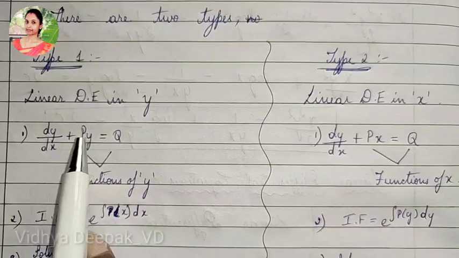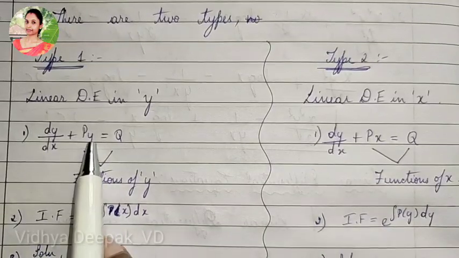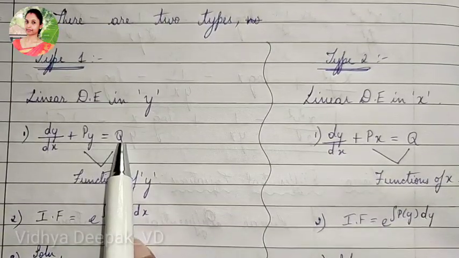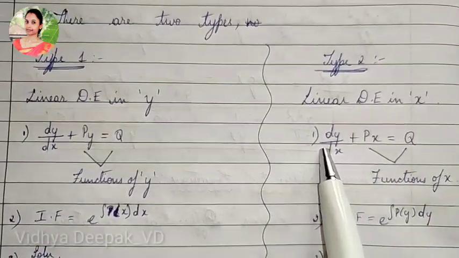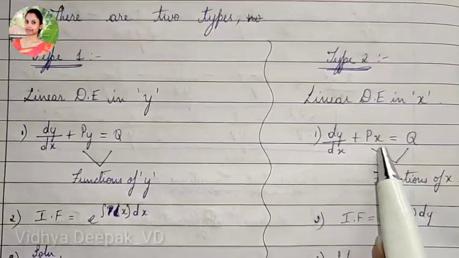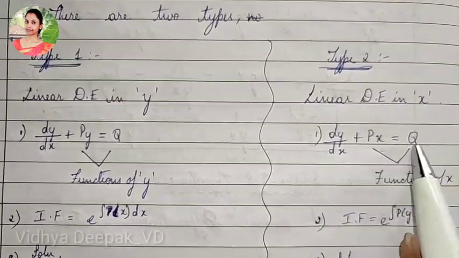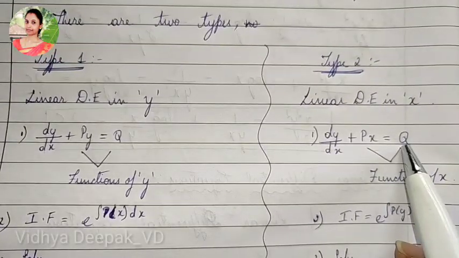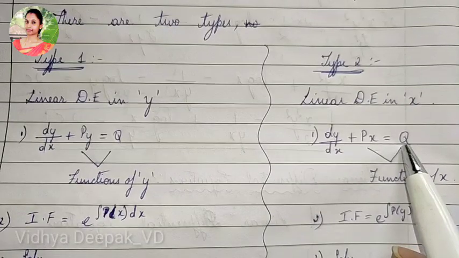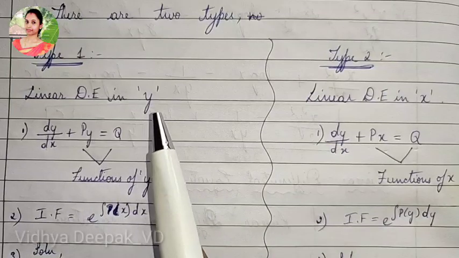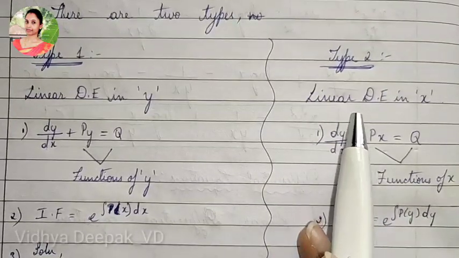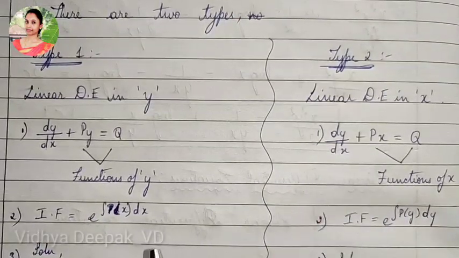In this case p is a function of y and q will also be a function of y. Here, in the other form, p will be a function of x and q will be a function of x. So we can identify which is type 1 or type 2, that is, whether it's a function in y or a function in x. Accordingly we'll move on to the next step.